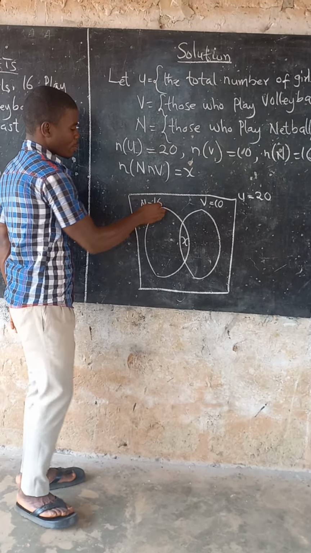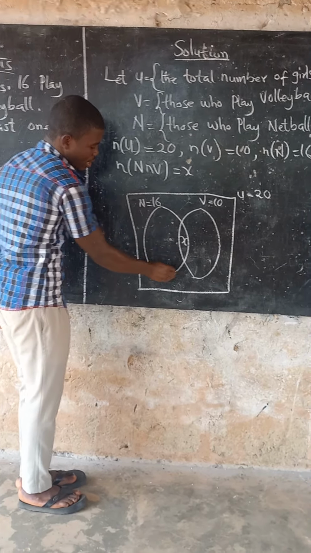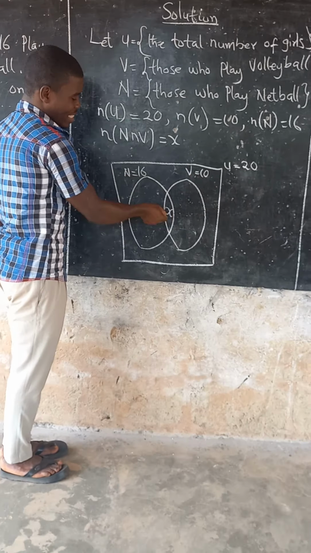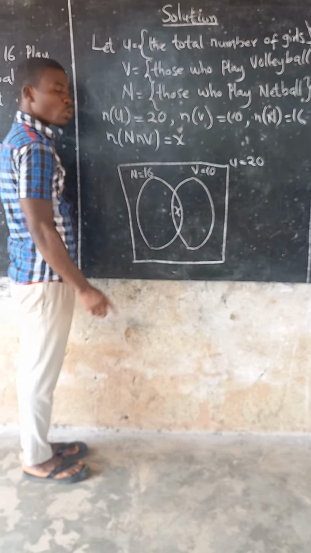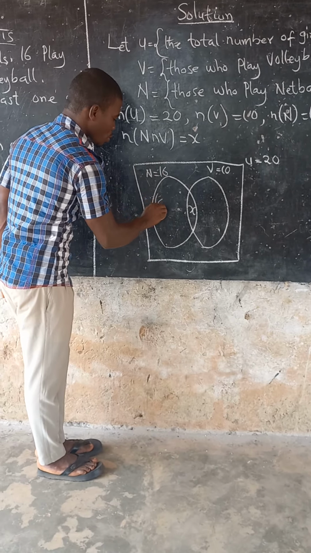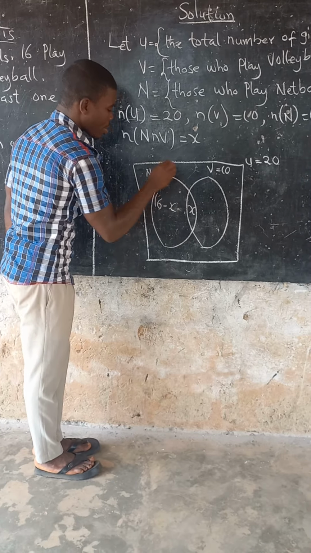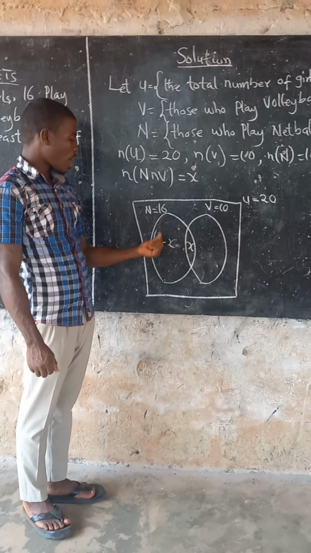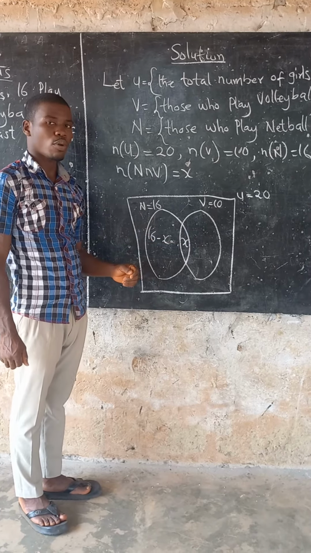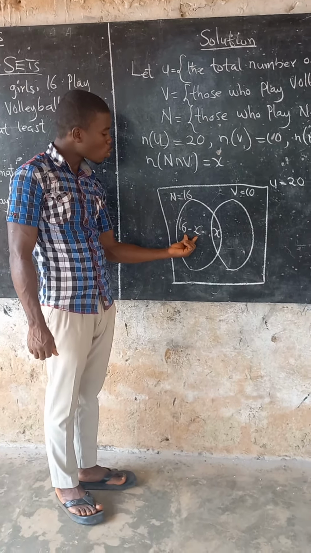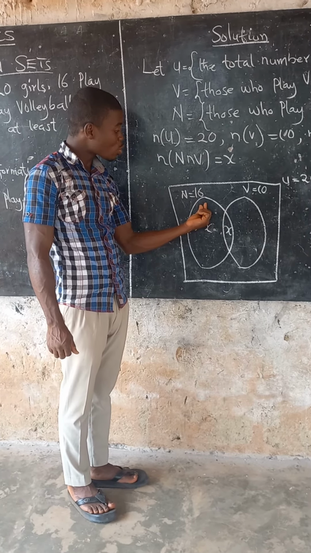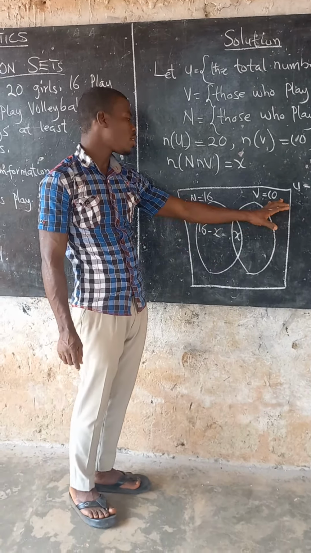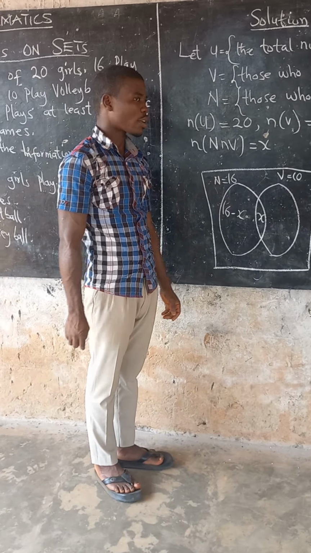Now let's look at something. The whole of this region is 16, but V is taking part of the 16 away, which means that within the 16, x is playing volleyball. If you want to know the girls who play netball only, we will deduct those playing volleyball out of it.